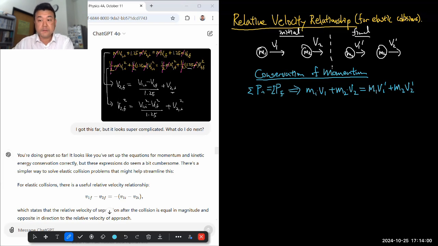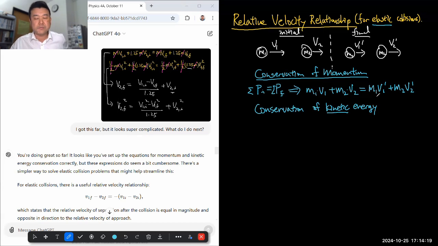So that's conservation of momentum. Now, because it's an elastic collision, we can also say conservation of energy. More specifically, conservation of kinetic energy. That's really what elastic means. If there's potential energy involved, we usually wouldn't call it an elastic collision, even though total energy might be conserved.